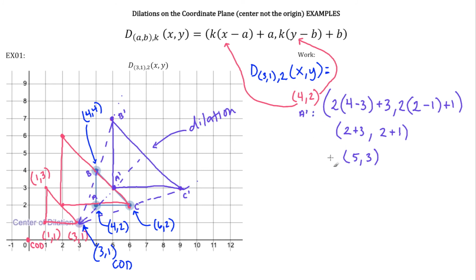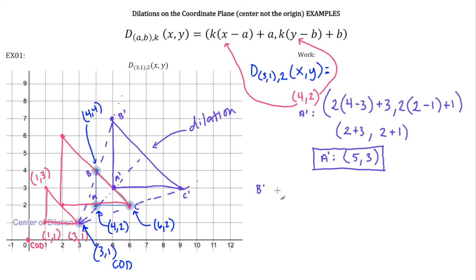And then this is still A, so this is A prime. Oops. All right, let's make sure 5, 3. 5, 3, that's where it ended up. Cool. Let's do it for B prime.